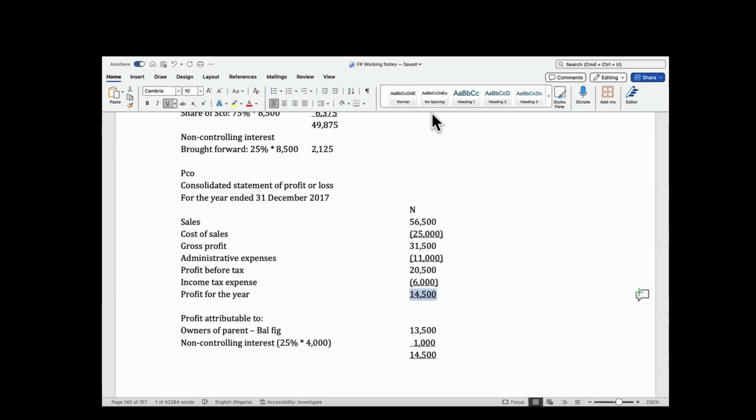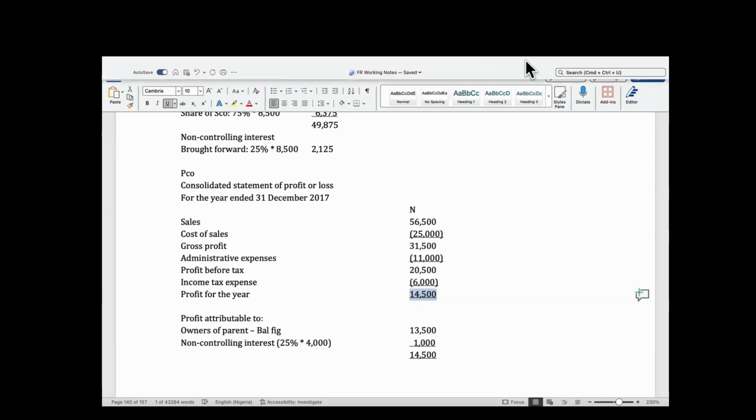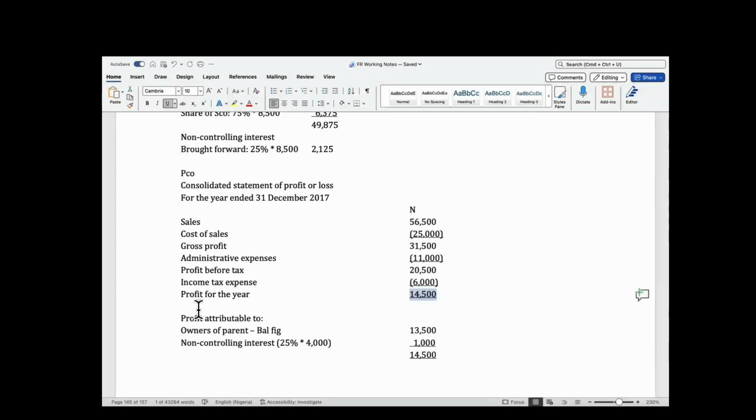You must always share it. You must always do that. Your refusal to do it would cost you around 2 marks or thereabout, depending on the adjustments in the question. It could be more, it could be 4 marks at times. So let's share this 14,500, which is a group profit.